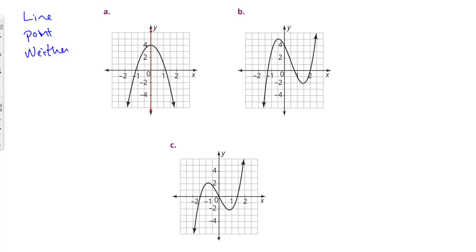What about B? Neither. What about C? Because I could take and move that up there. Another way to see this is if I take an ordered pair from one side and change the signs on both of them, will it show up on the other side?